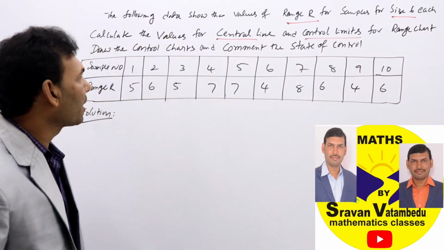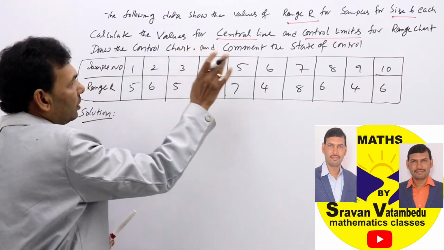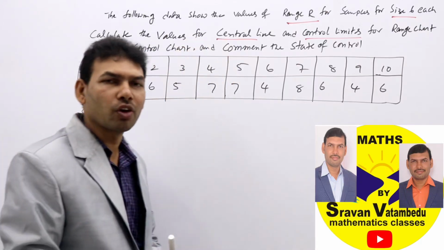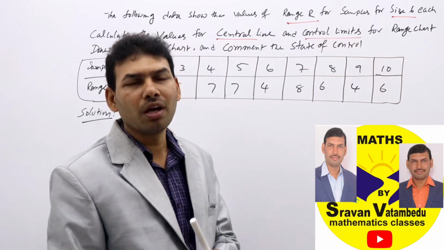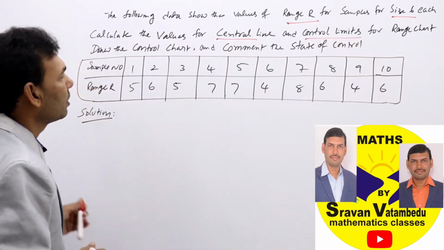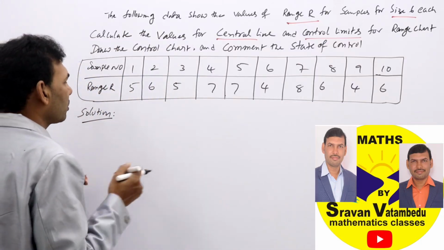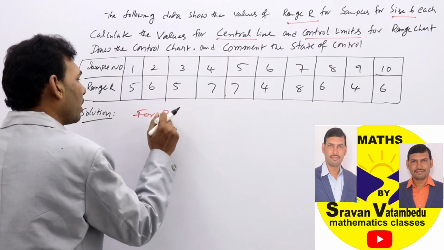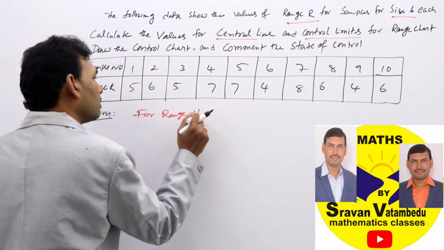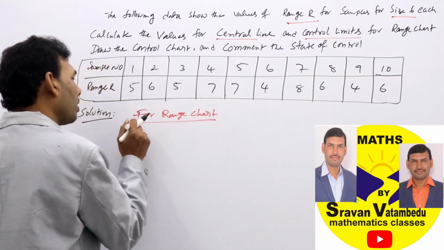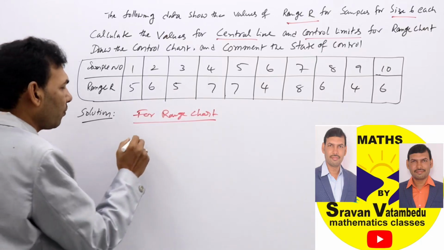So we need to draw the range chart, and comment on the state of control, meaning whether the process is under control or out of control. For the range chart, the control line is R bar, we know. So we need to find R bar.